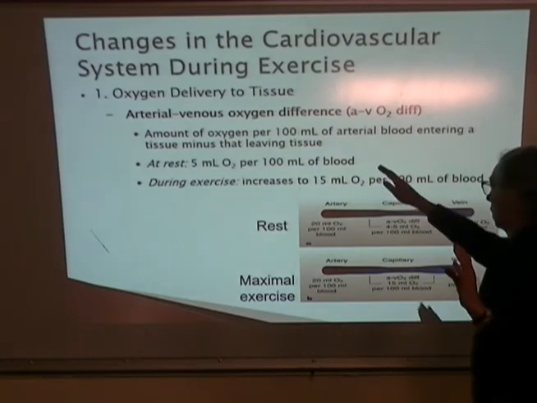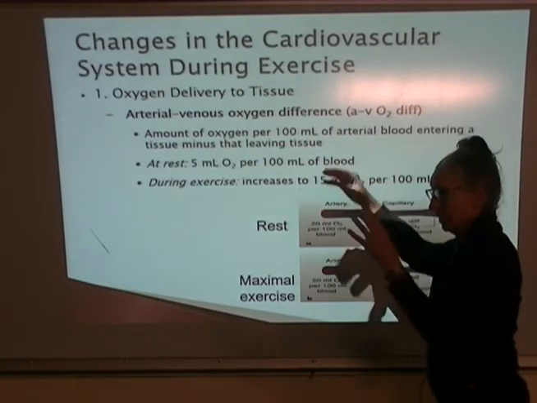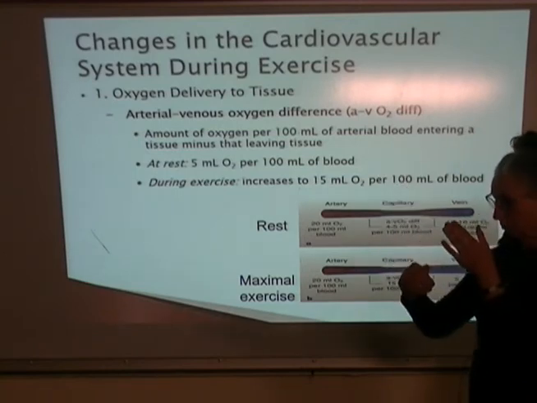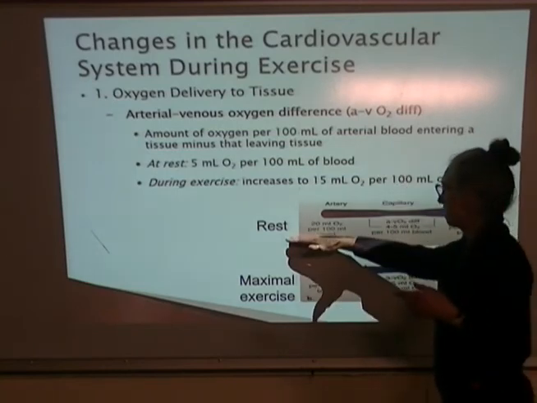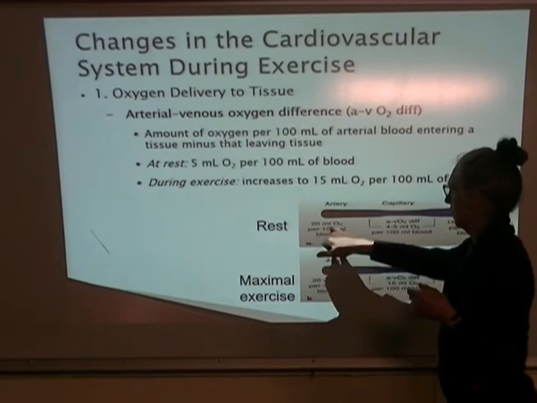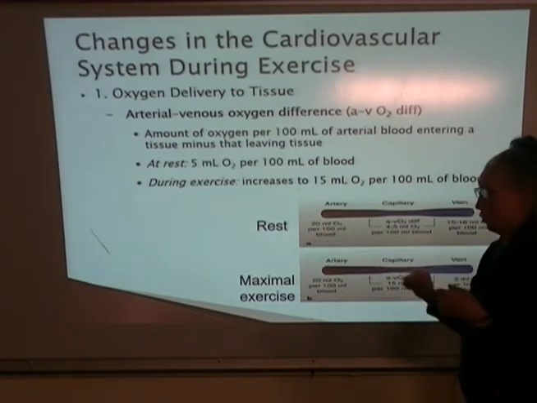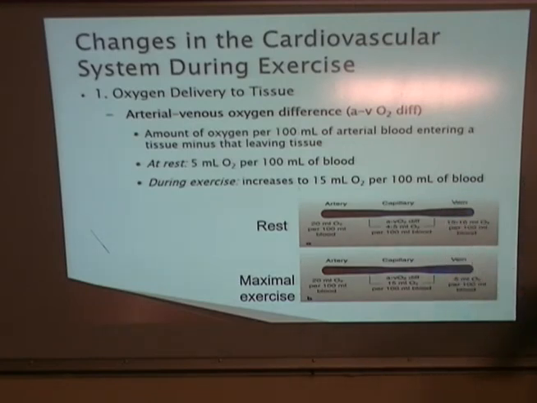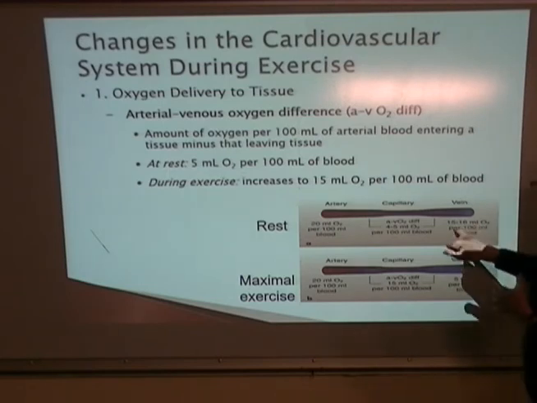So, in the artery, bringing blood to the muscle from the heart, at rest, about 20 milliliters of oxygen. In the vein, leaving the muscle, taking the blood back to the heart, we see 15 milliliters of oxygen.